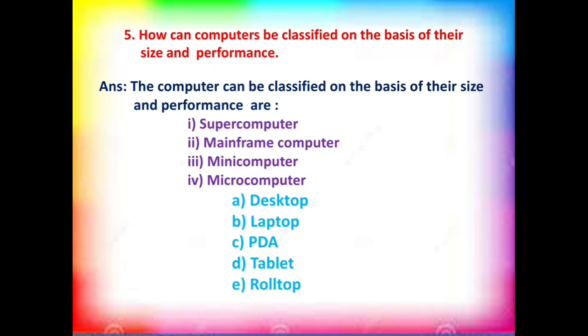So computers can be classified on the basis of their size and performance as supercomputer, mainframe, mini and micro. In micro, we have the subdivisions desktop, laptop, PDA, tablet and rolltop. These are the types of computers based on their performance. Okay, students.